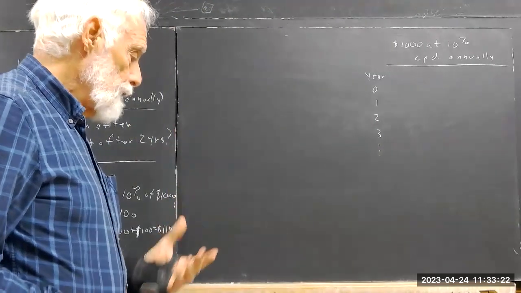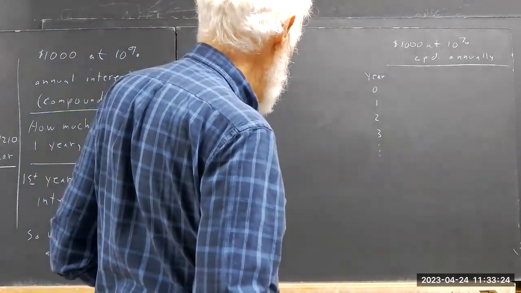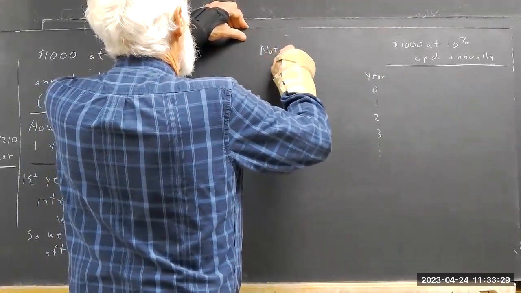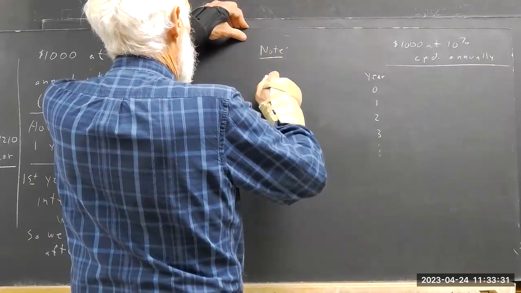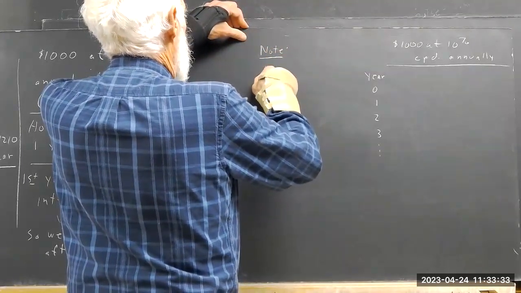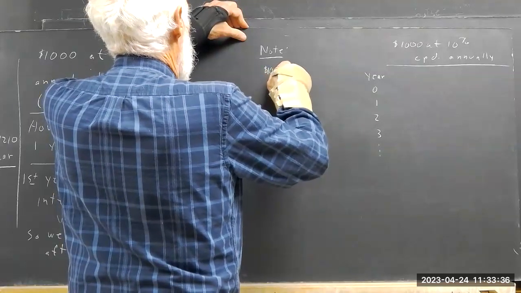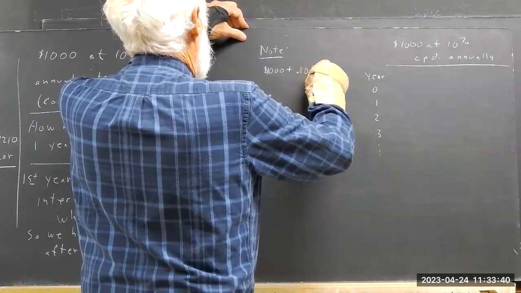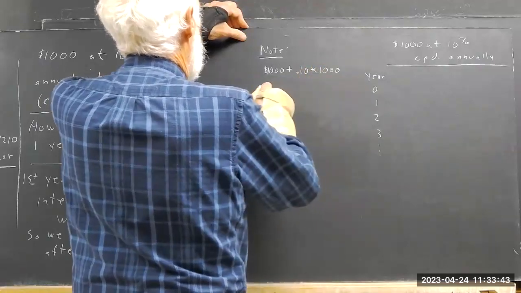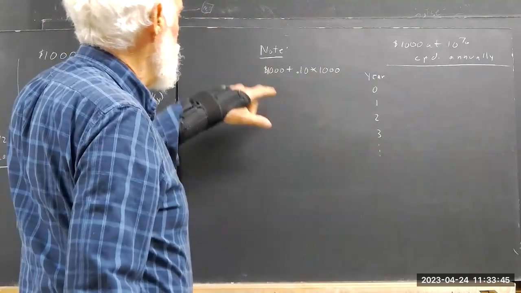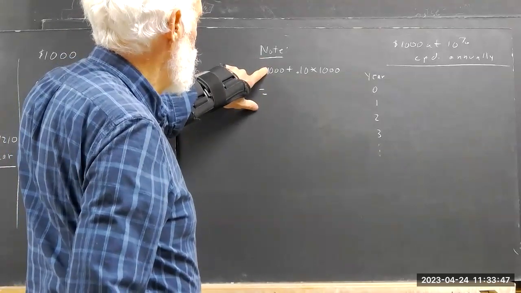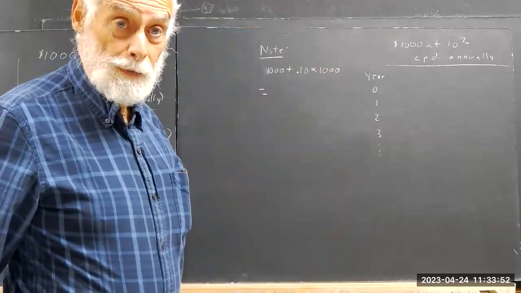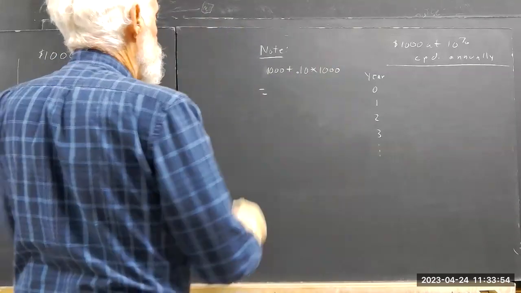I'm going to make the observation that $1,000, I'll just drop the dollar sign: 1,000 plus 10% of 1,000 equals.